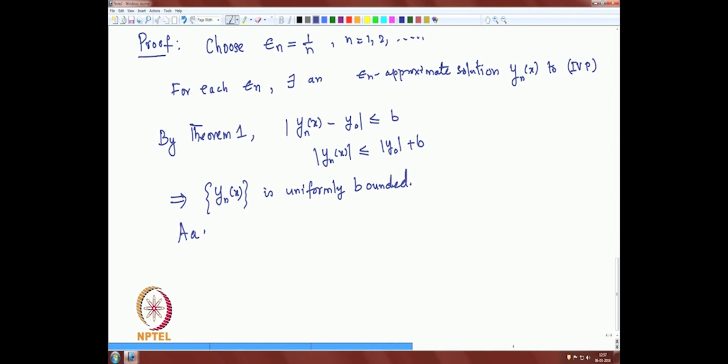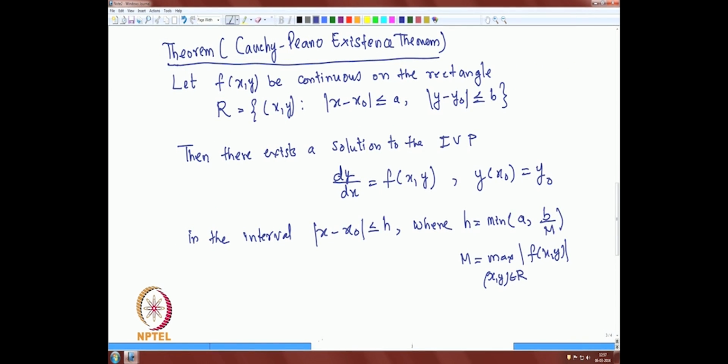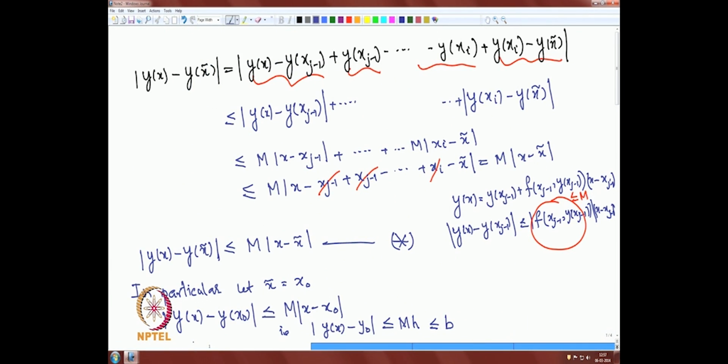Again, from the previous theorem, in fact from the inequality star, we have shown this inequality.